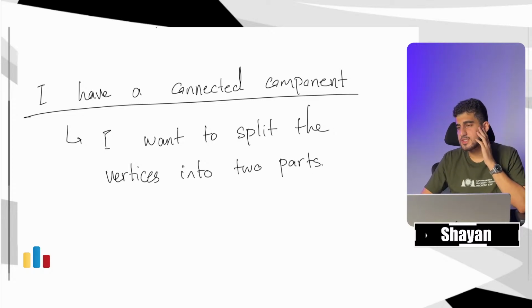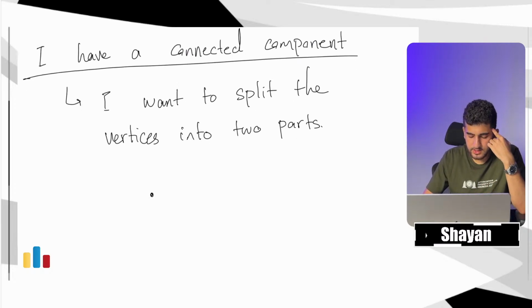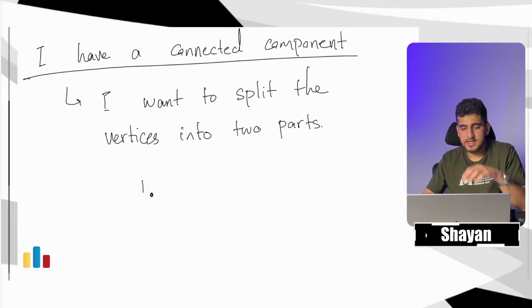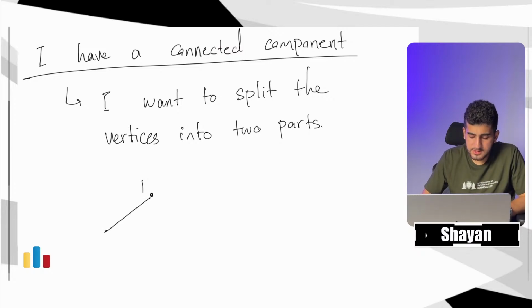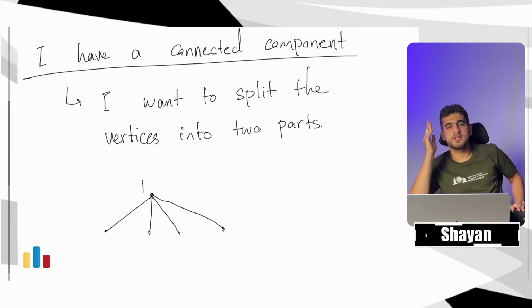I can do something similar to a greedy approach. I can start from a random vertex and say that, okay, you are gonna be at group 1, and then I can say that all of its neighbors, so it's gonna be like a greedy approach. I mean, I can find everything deterministically.